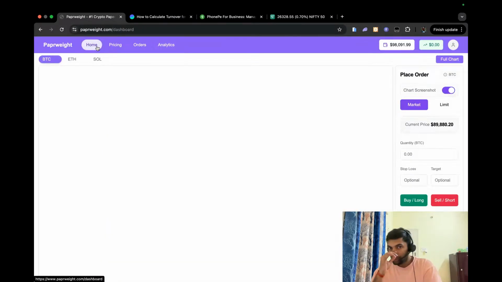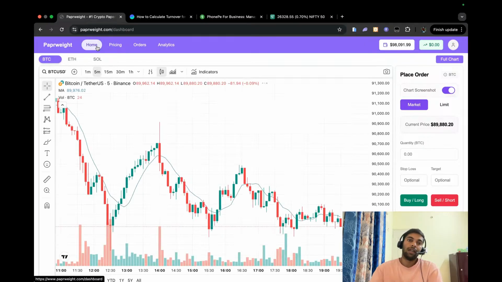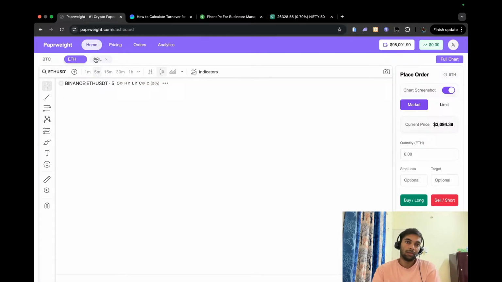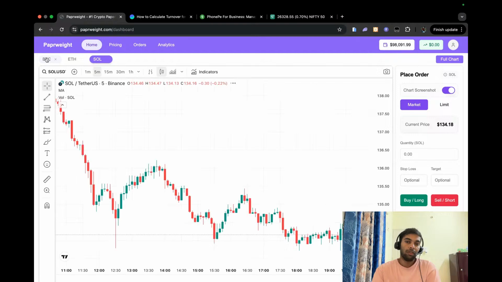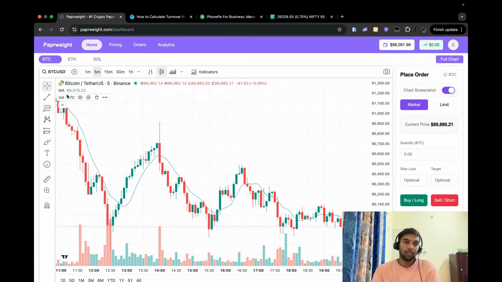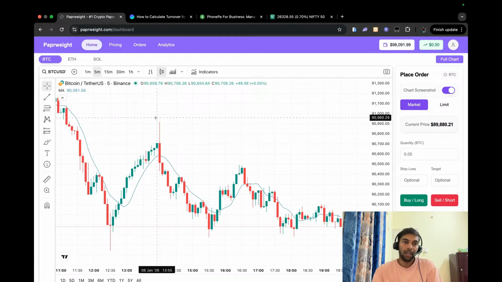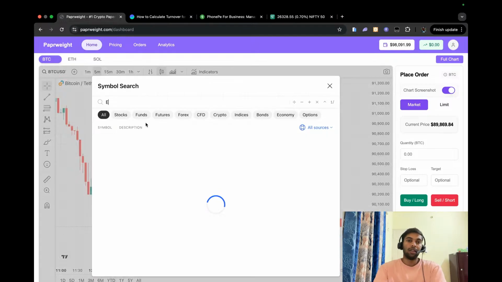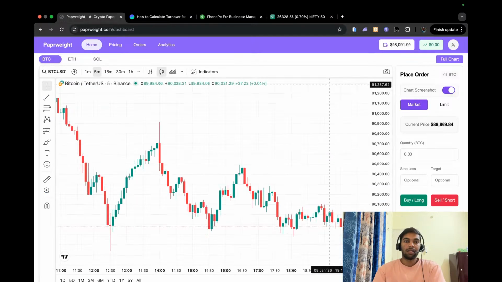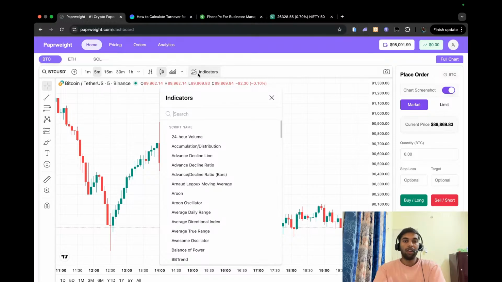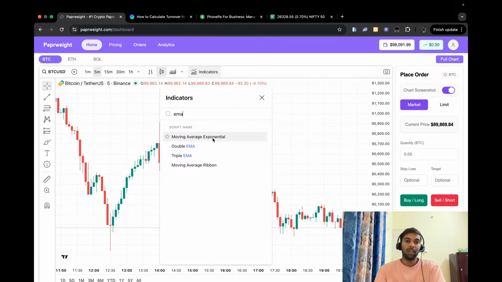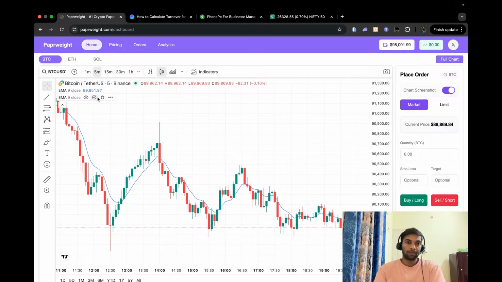Coming back to the home screen, and Ethereum and Solana. What we will do is first delete this volume chart, and the second thing is we will delete this EMA also. This is the default moving average, but we have something else for us.